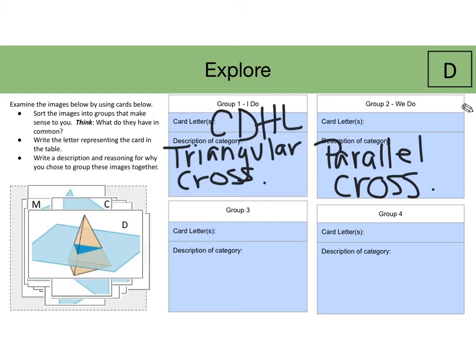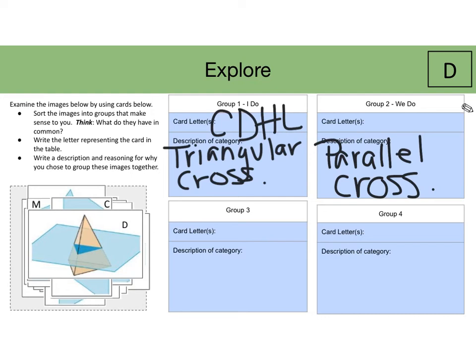After the we do, you can have students work in their pairs or in small groups for groups 3 and 4 of the groupings. Answers are going to vary for this activity, and they can group the cross sections based on them being parallel, perpendicular, or oblique to the base.